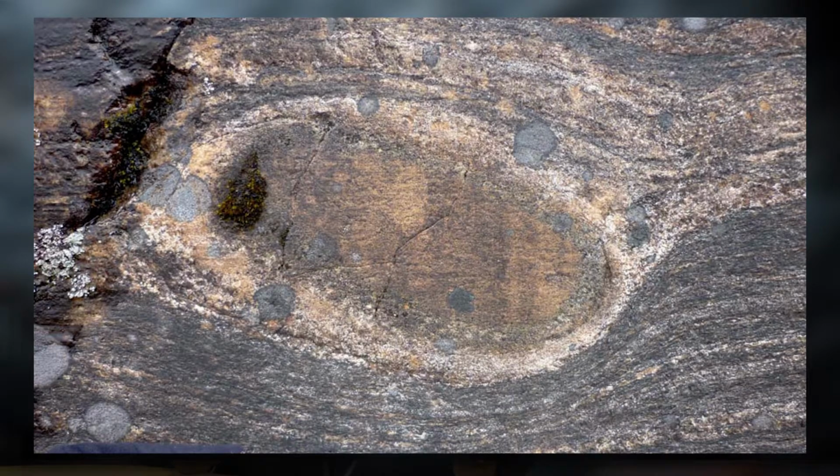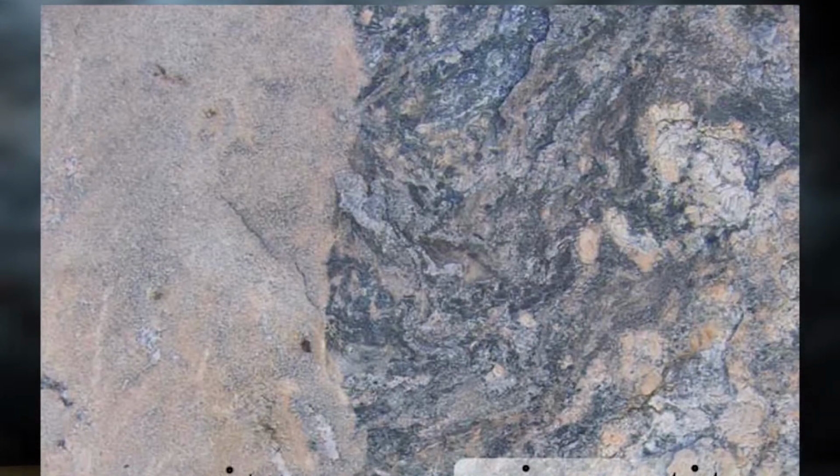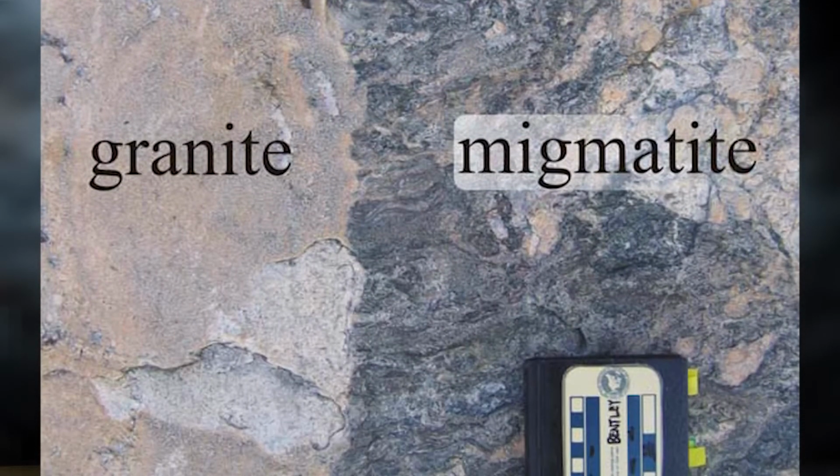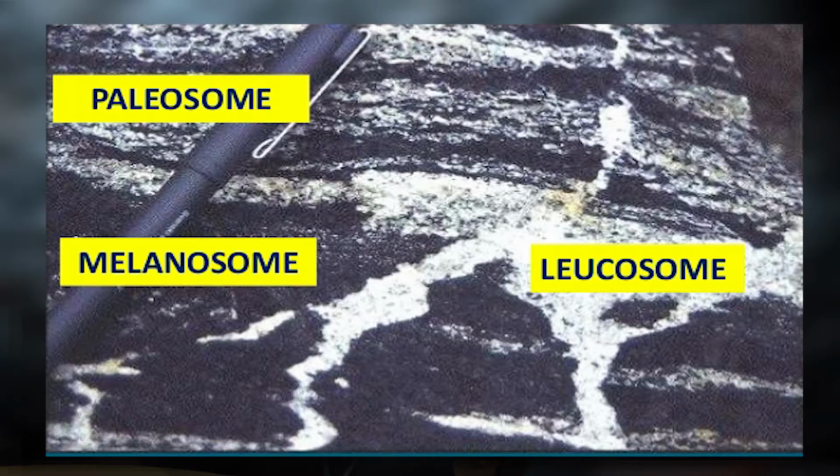The magmatic portion contains quartz and feldspar and hence is granitic or felsic in composition. The light colored component, or leucosome, is also designated neosome, newly born.